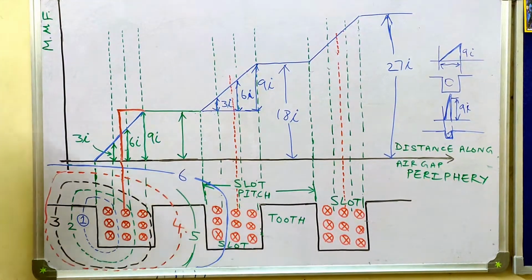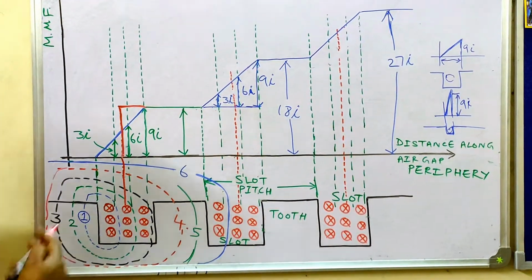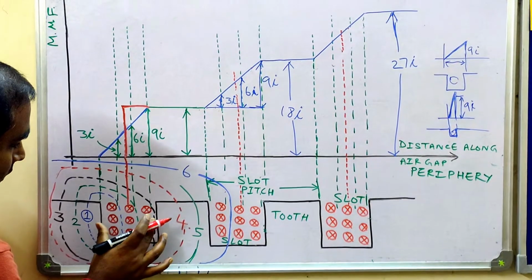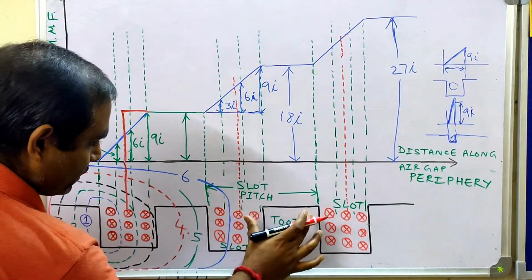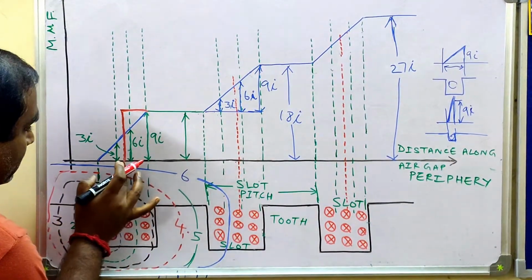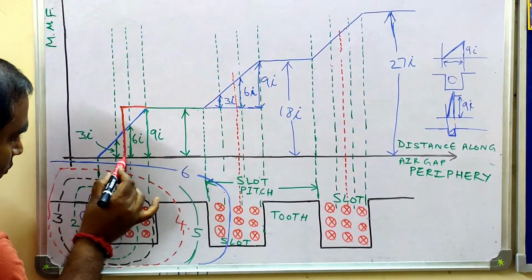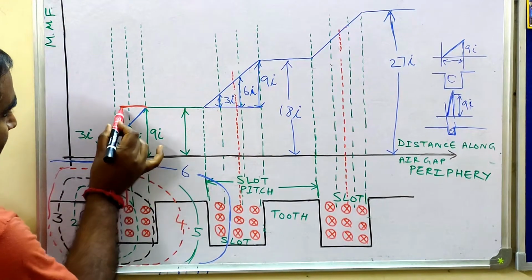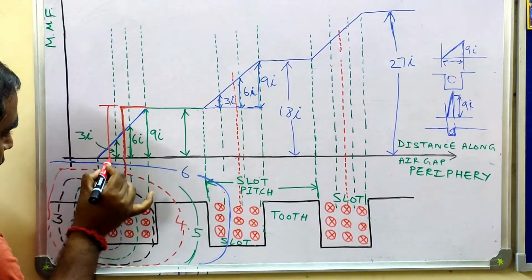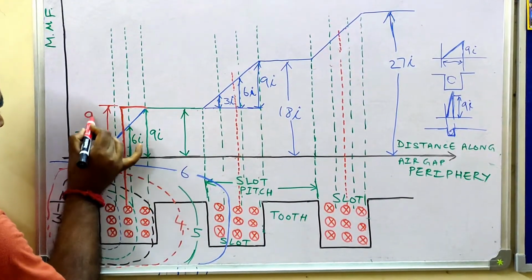So this is an approximation which you will find in most books, that the MMF variation over a slot portion is shown by a step jump, and the step jump is shown at the middle of the slot. So here the step jump is shown at the middle of the slot. The height of this is also 9I.